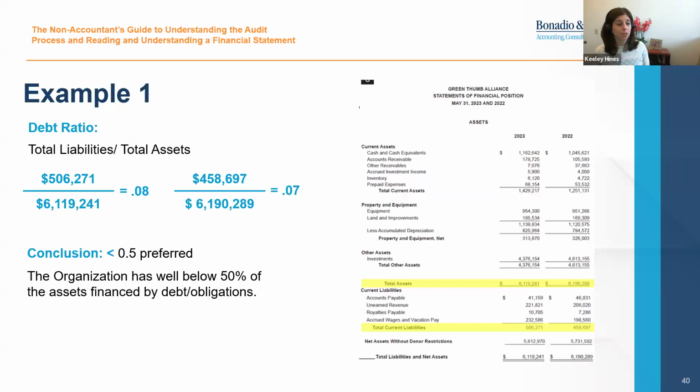And really well below, the organization has well below 50% of their assets financed by debt obligations. So that is what you're looking for, is that your cash is not based upon a borrowing. So if you go take cash and draw it down on a line of credit, you technically still owe that to somebody, right? So that's what this is taking into account, is really what obligations do you have over those total assets.